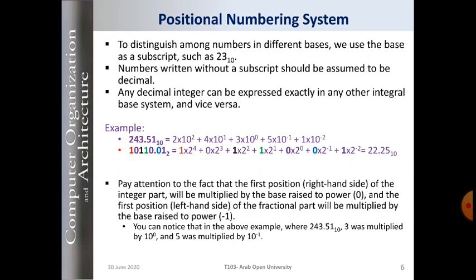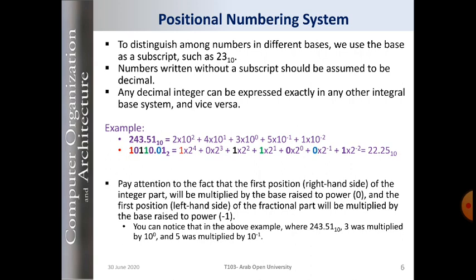We multiply 5 by 10 to the power minus 1. 1 we multiply by 10 to the power minus 2. If we do a simple addition, the result will be 243.51. Another example, we have the number 10110.01 subscript 2. This means that this number is in the binary system.